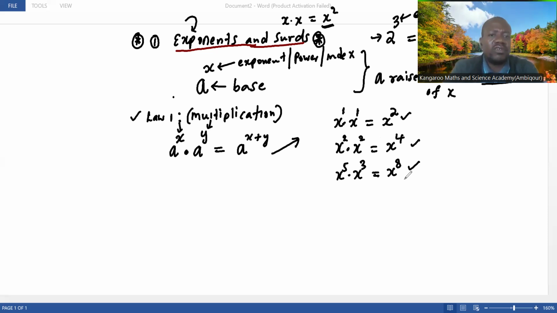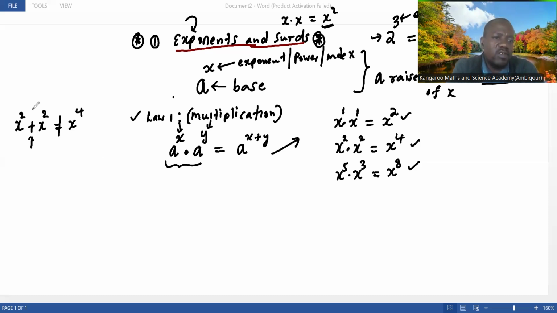But remember, this law does not apply when the bases are not the same. It only applies when we have multiplication. That's why you find a learner in grade 12, when we say what is x squared plus x squared, will tell you this is x to the power of 4, which is wrong because this plus is not multiplication.